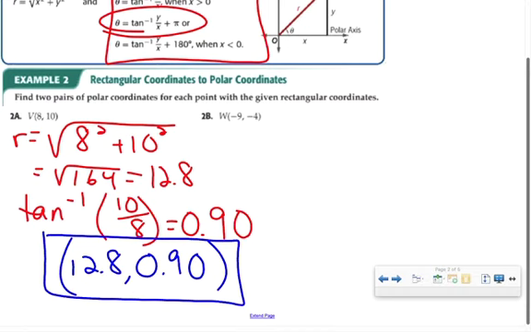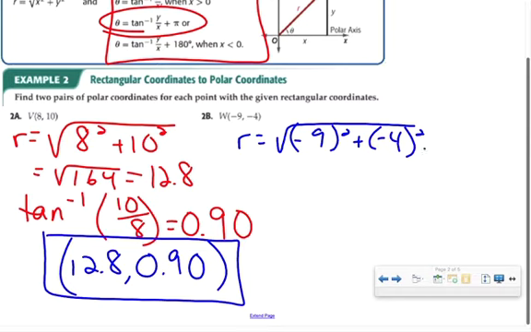In part B, same idea. R will equal the square root of negative 9 squared plus negative 4 squared. So that's 81 plus 16, the square root of 97, which is 9.85.